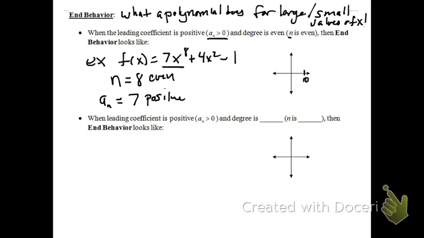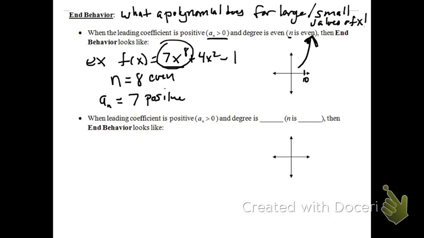It would be 10 to the 8th power times 7, whereas this is only 10 squared times 4. This is the most influential on what's going on. So 7 times 10 to the 8th power is going to be a huge number. It would be a point way, way up here. So what I know for end behavior is this polynomial is going to end up going up towards positive infinity, up and away like that.